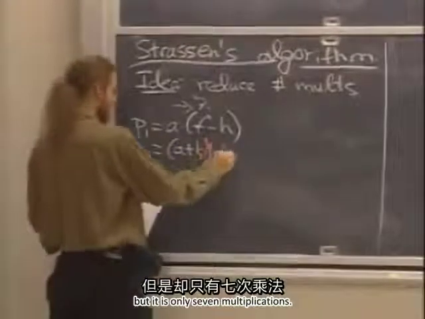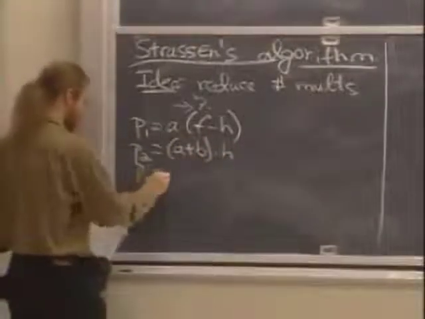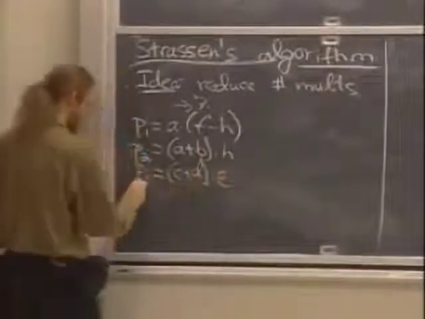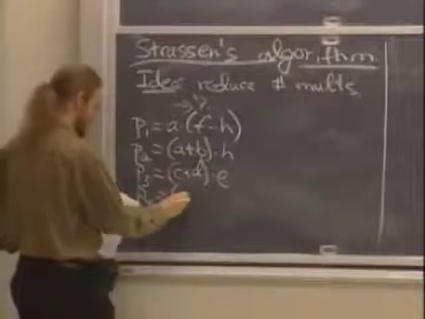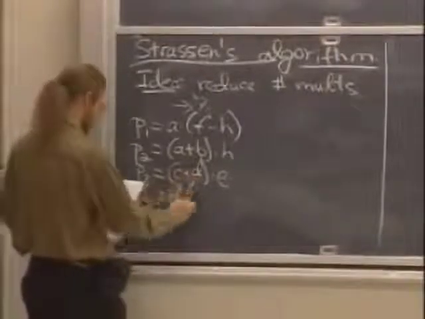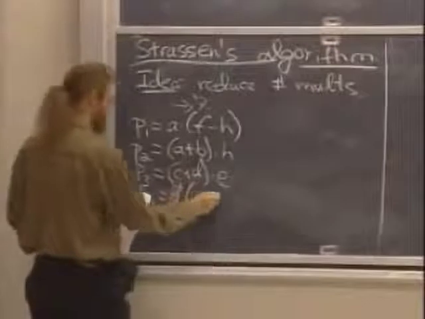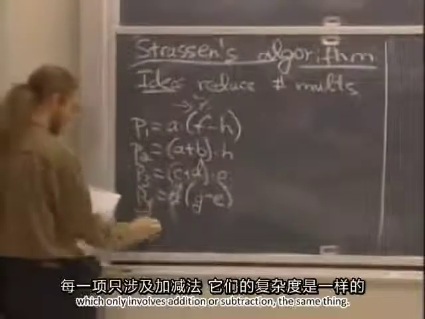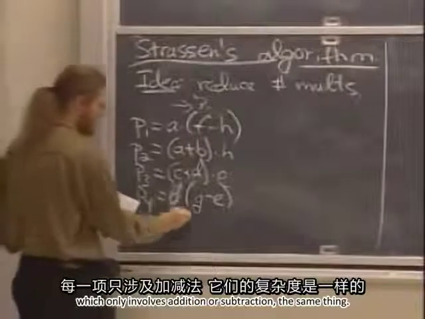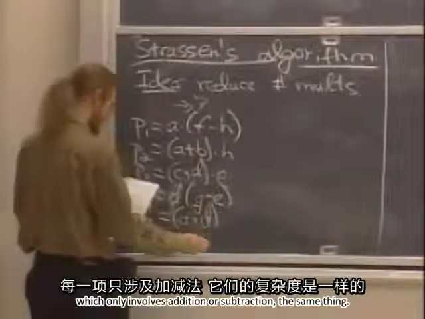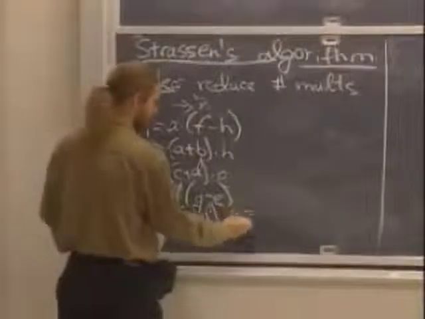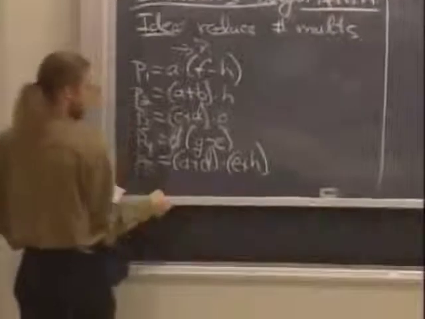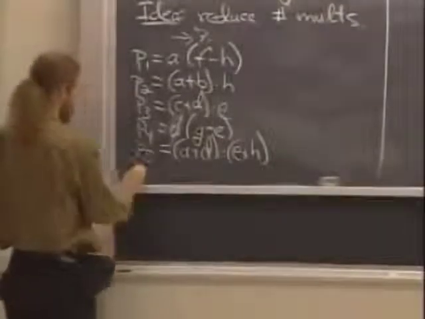But it's only 7 multiplications. So each of these P's is a product of 2 things, which only involves addition or subtraction. Same thing. And running out of space.